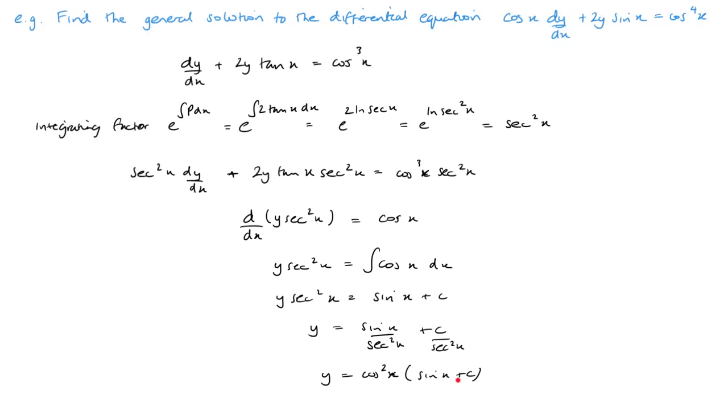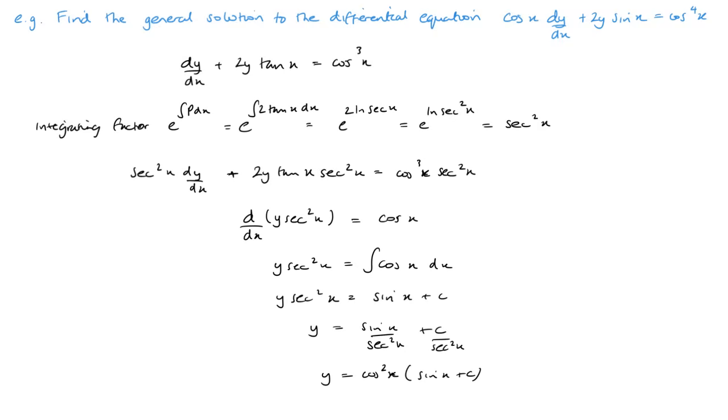Of course, I could do it without the brackets and have cos squared x times sine x plus c cos squared x. Okay, either way, this is now my general solution to the differential equation.